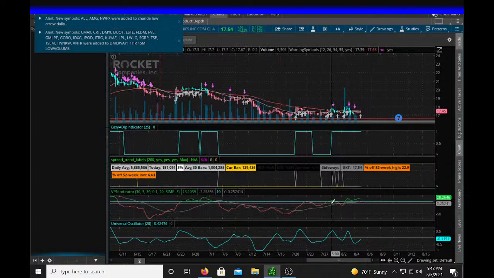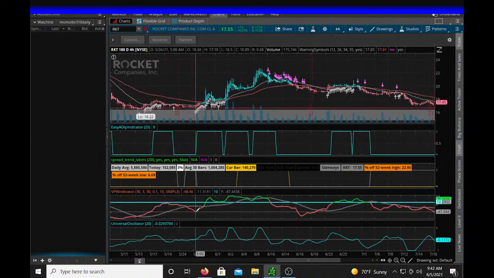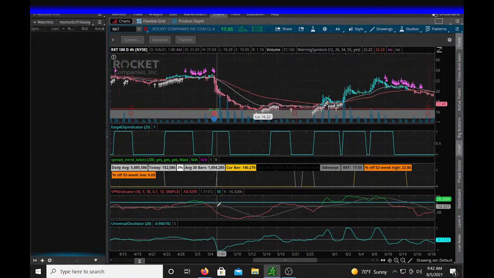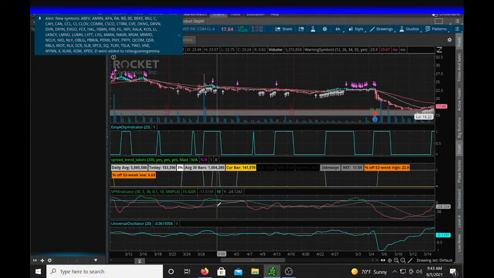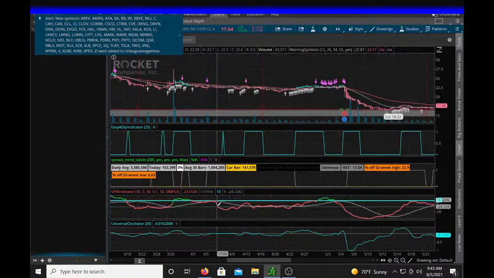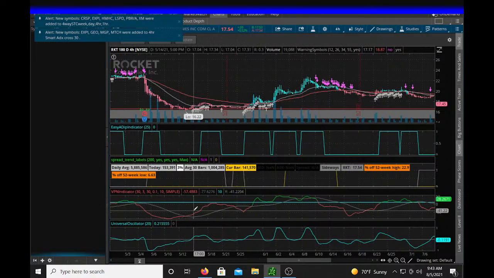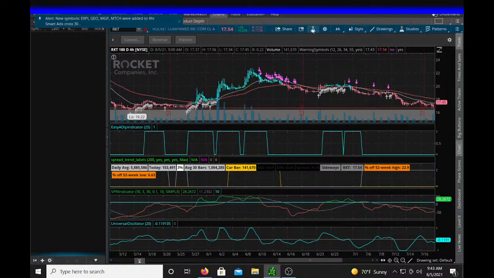Okay, it's the VPN indicator. What's this? Very important nuisance. Let's see here. Maybe we should go in and see what a VPN indicator is. Certainly has given us some interesting things here.